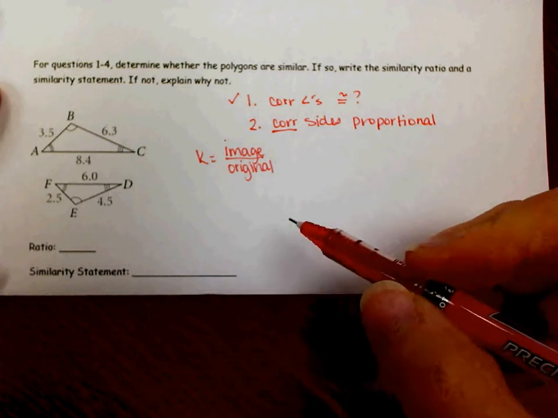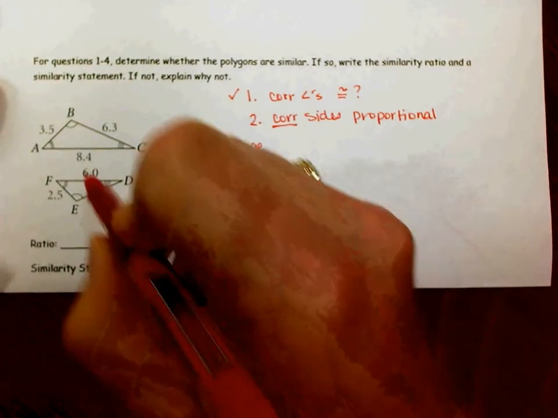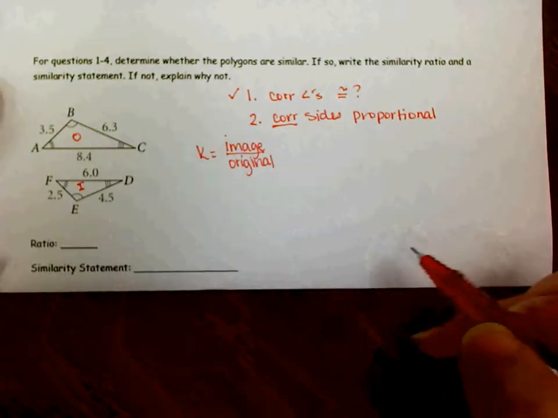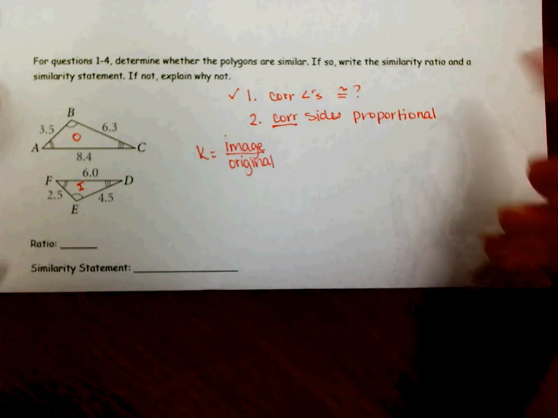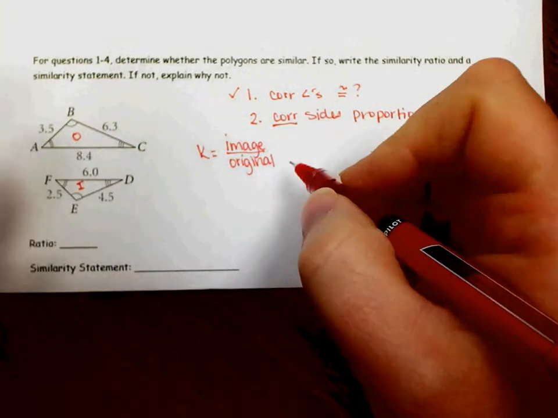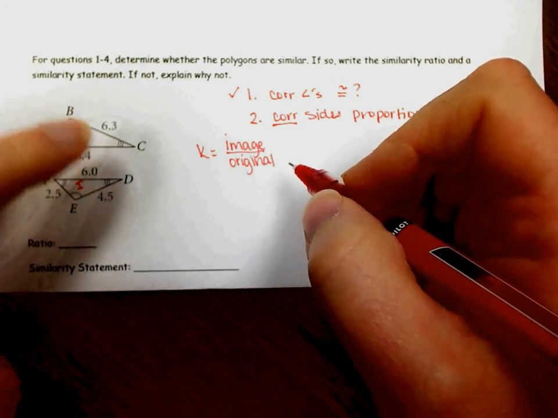So remember, the one that comes first is the original figure, and then the second one's the image. Since this one's on top, it's the original, and since this one's on the bottom, it's the image. Whichever one's on the left is original, the right is image. So when I write my ratios, I'm going to put these numbers as the numerators and these as the denominators.